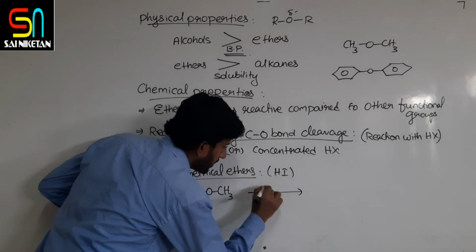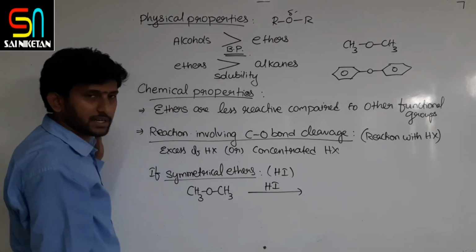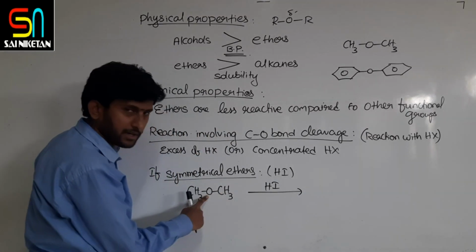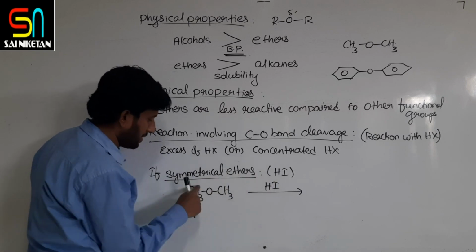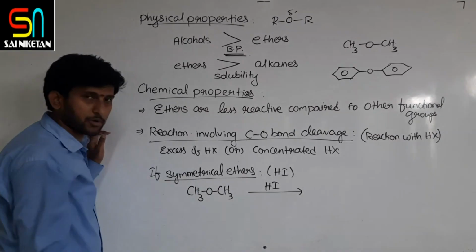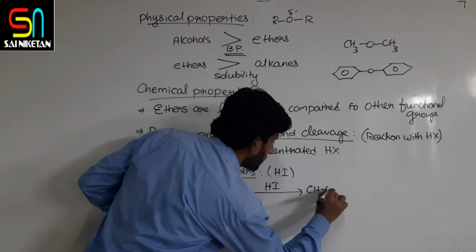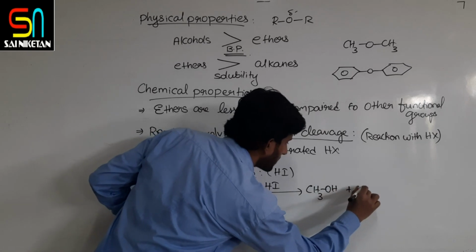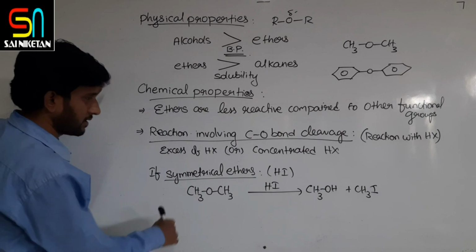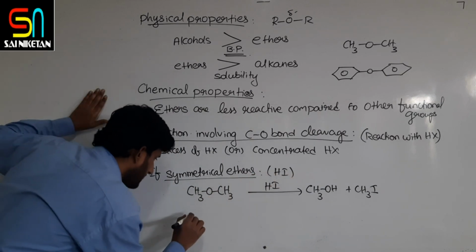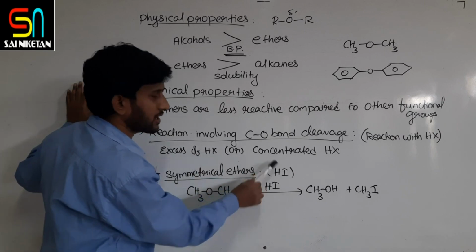First one molecule of HI will react with this. How will HI react? H plus will attack here. Then one group will be the leaving group and I minus will attack on the other carbocation. So first of all one alcohol and one methyl iodide are formed. Then we are taking excess HI, excess condition or concentrated.